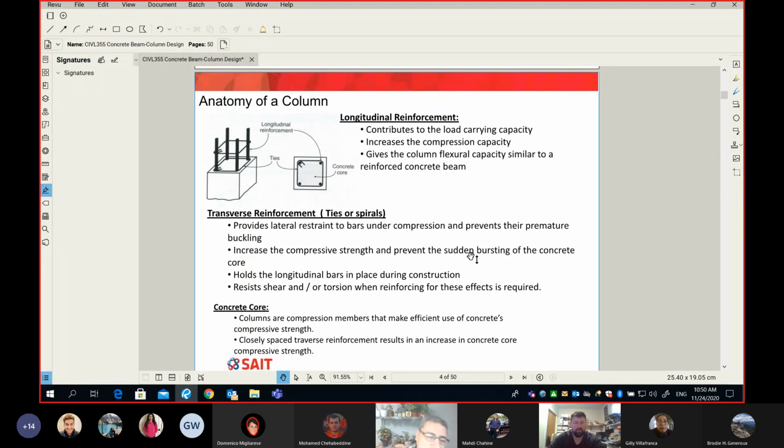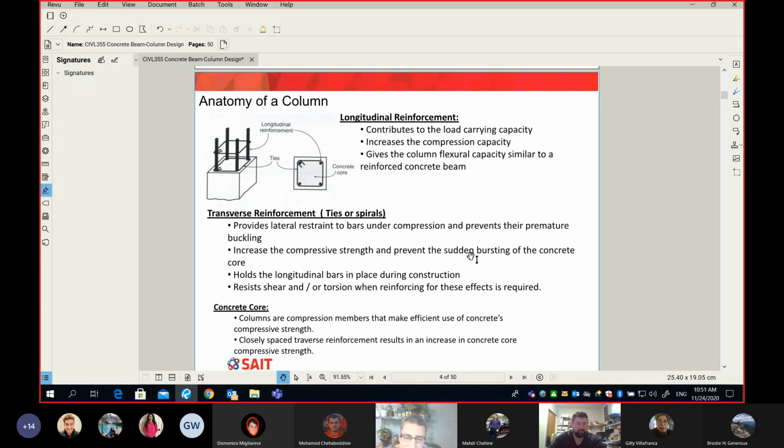Absolutely not. Can we make our column from vertical bars and ties only, without concrete? Absolutely no.